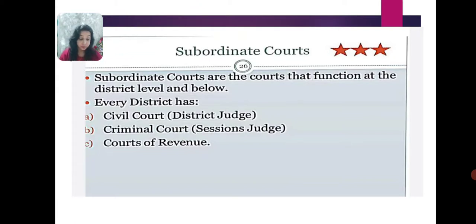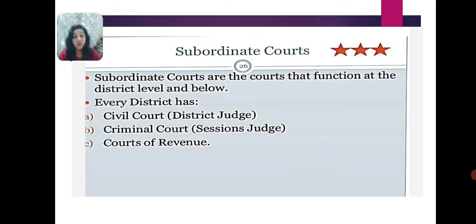Okay, so here we come to which are the subordinate courts. Subordinate courts are the courts that function at every district level and below that. Every district has 3 different types of courts. Don't forget this. Every district has 3 different types of courts working under it, and that is why these courts are called subordinate courts.